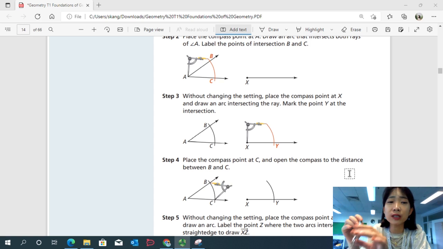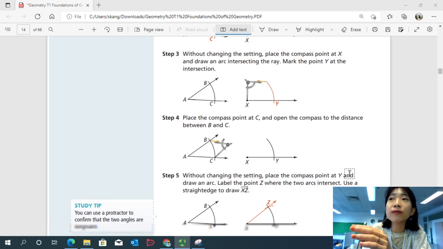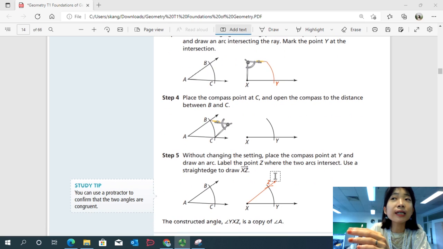Adjust the compass so that the other tip meets point B. Then, using the same setting, start with point Y as the center and draw an arc, which will give you the intersection Z, the same distance away from both points X and Y, corresponding to point B. So the constructed angle YXZ is a copy of angle A.